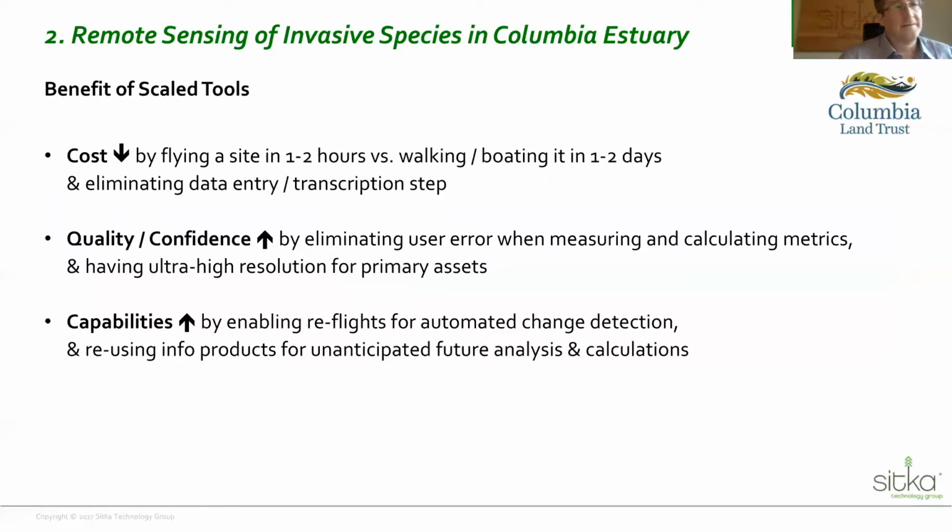So the benefits of this tool that helped CLT scale their baseline data, in the small for these couple of sites and really more of a pilot, were that we decreased their cost significantly. It took a couple hours to fly each site versus walking and boating it in a couple days. It also completely eliminated data entry and transcription. Quality and confidence, of course, go way up when it's that automated and you have that level of precision that you just can't get by traditional data collection or monitoring methods.